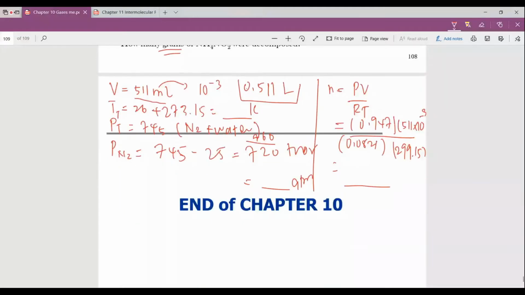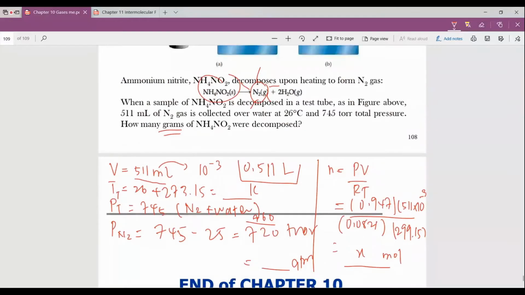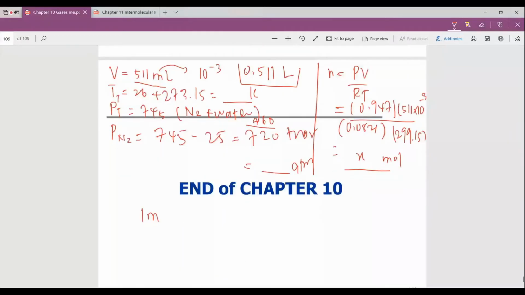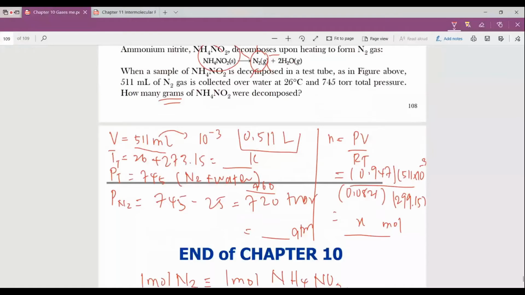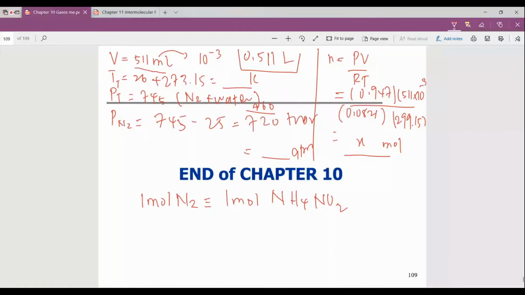Let's say x moles for N2. How to find moles for NH4NO2? 1 mole N2 is equivalent to 1 mole NH4NO2, isn't it? From the decomposition reaction here, NH4NO2. So that means the moles of NH4NO2 is the same as the moles of N2.